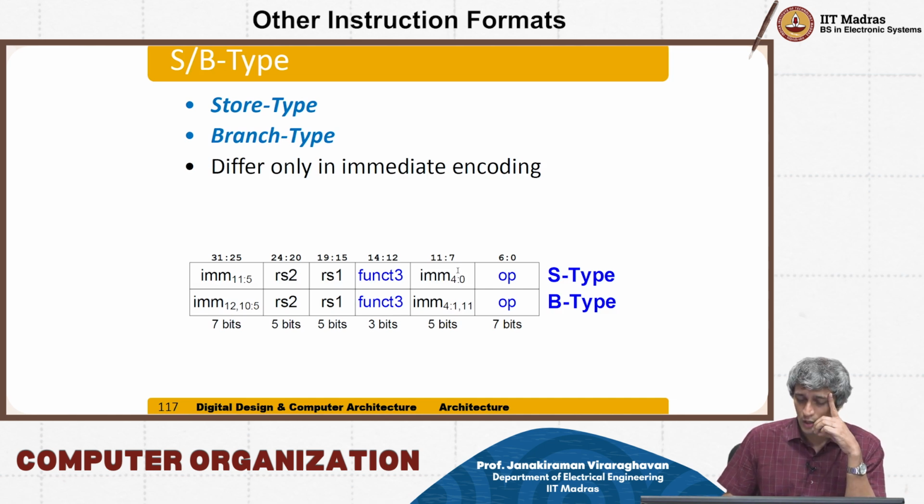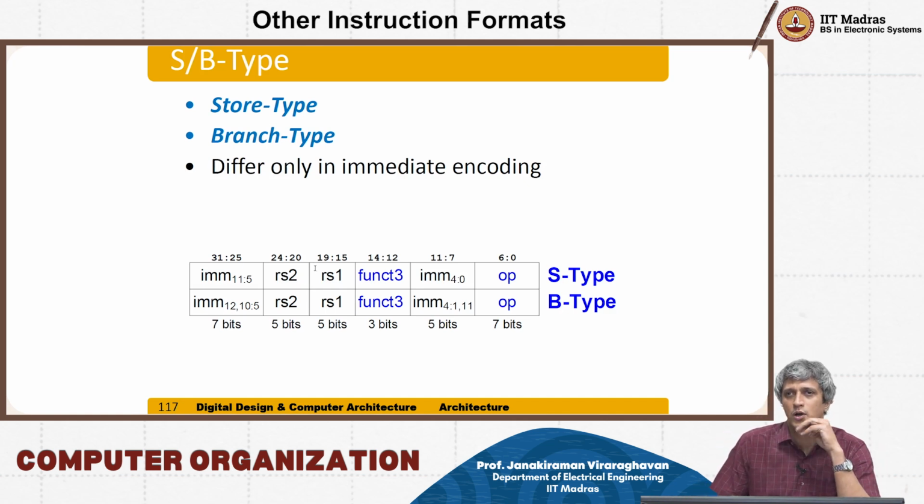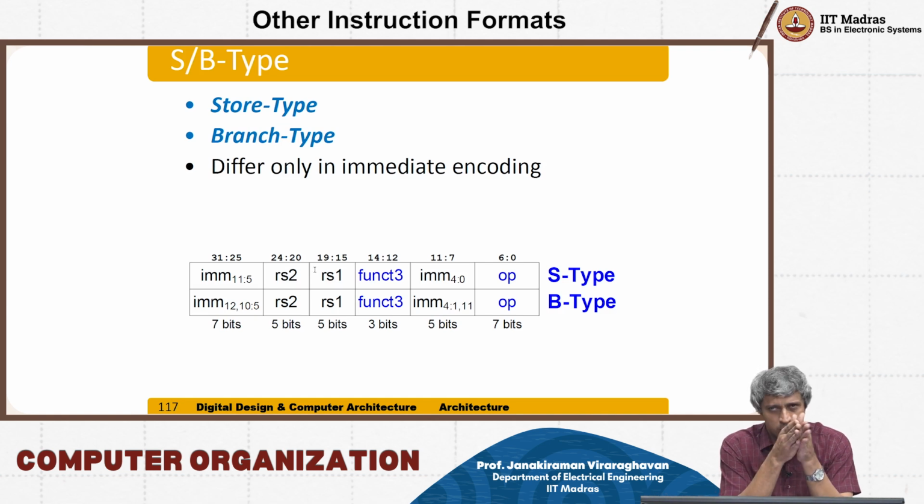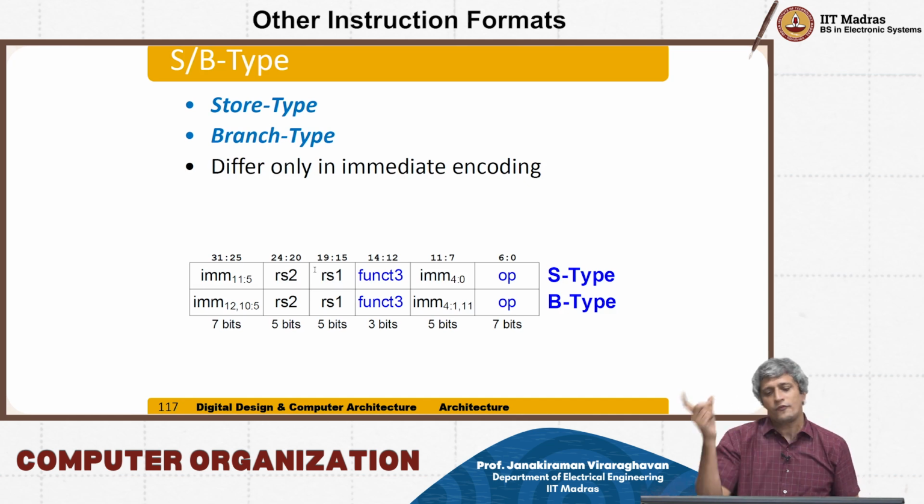What you want to do is take a source register, RS1, then evaluate some new address with an offset on it, use that, and then take the contents of RS2 there. Okay, so that's what you're going to do.